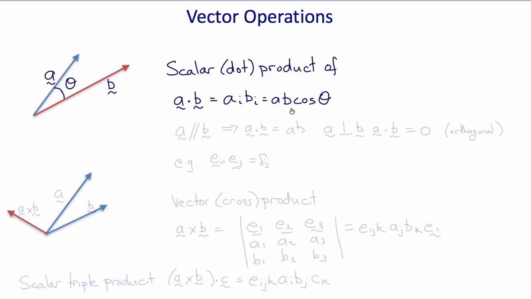Therefore, as A is parallel to B, the dot product of A and B is the product of their magnitudes, and if A is perpendicular to B, then the dot product is 0 and the vectors are orthogonal.